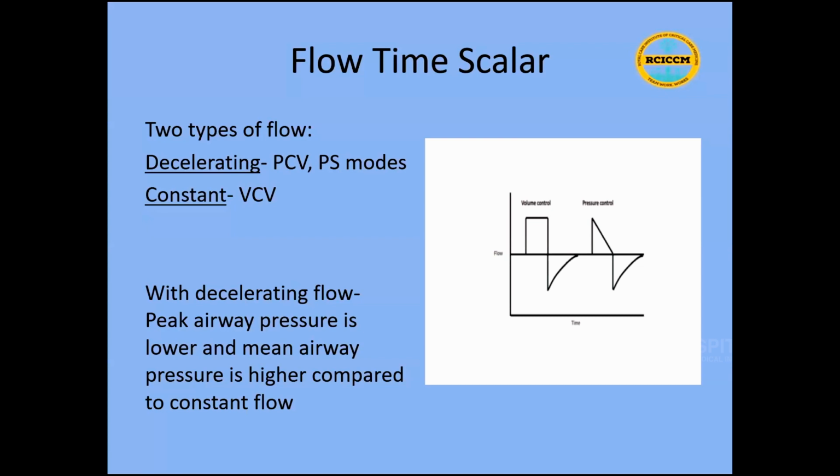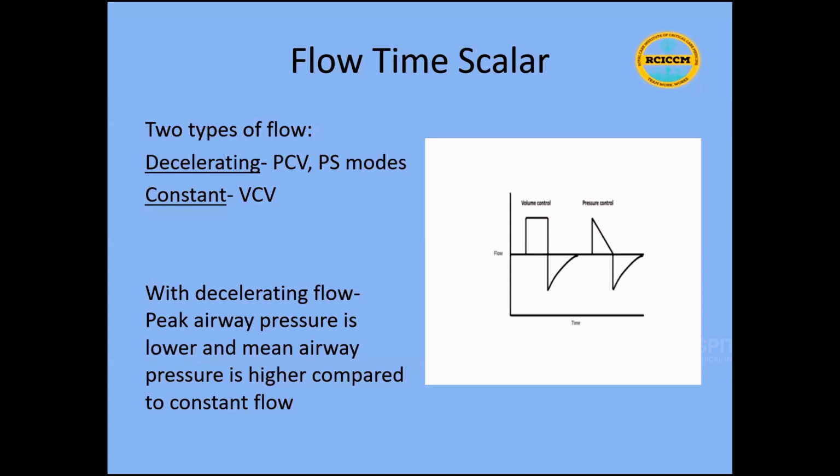The first one is the volume controlled flow time scalar, and the next one is the pressure controlled flow time scalar. One would advise that it is better to use a decelerating flow because the peak airway pressure achieved can be lower. That is the advantage. However, the mean airway pressure tends to be higher, so we need to be cognizant of this fact.